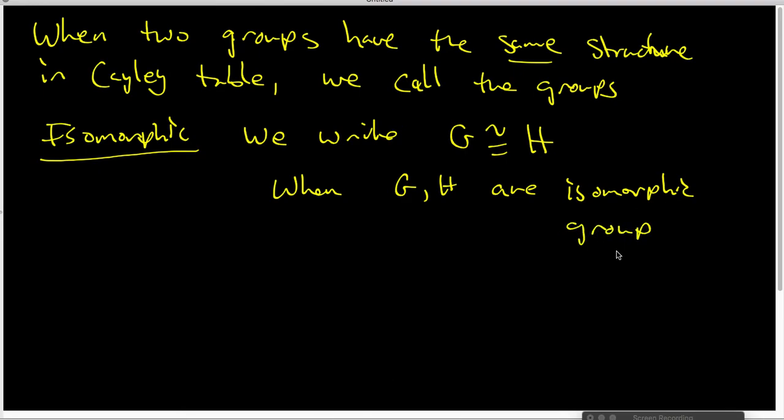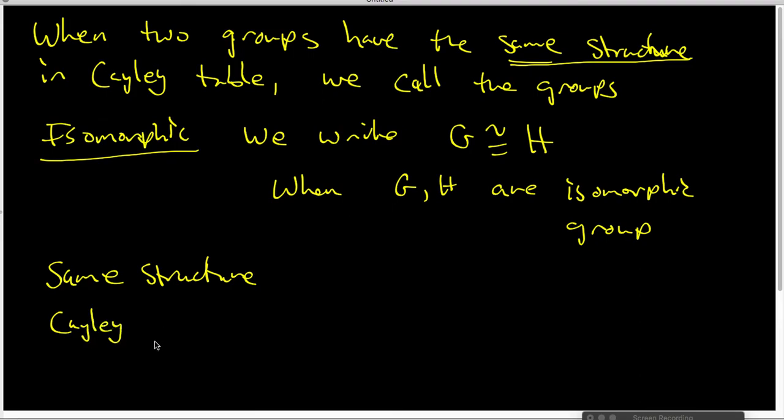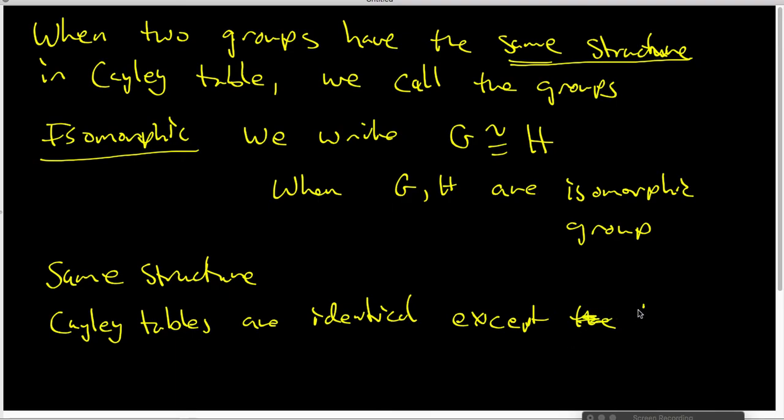Now, I have not formally defined what an isomorphism is. We will do that later in the semester, but right now this informal notion is good enough. And it's important to realize that what I mean by same structure is that the Cayley tables are identical except for the names of the elements.